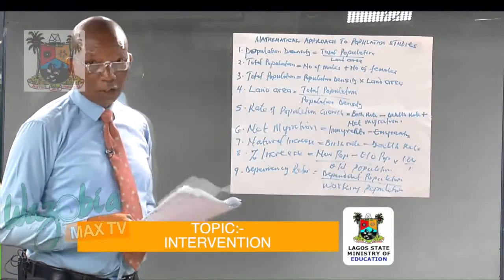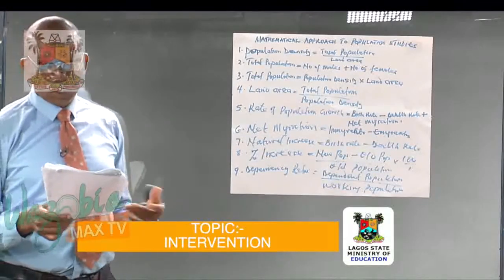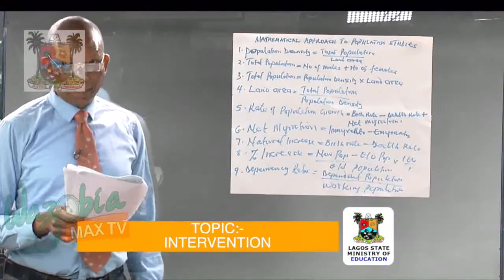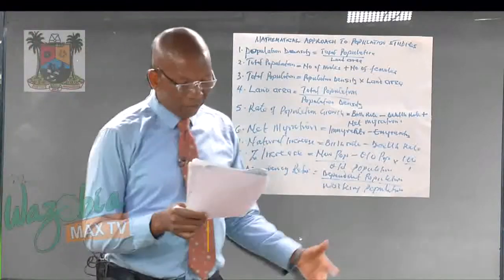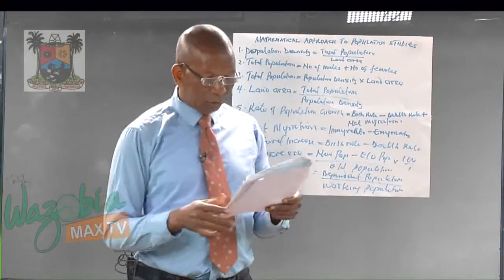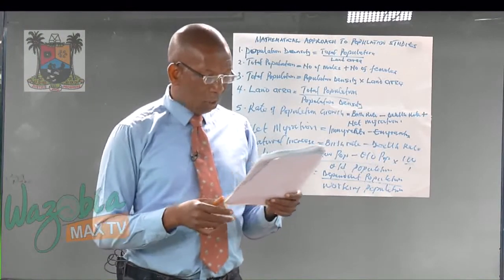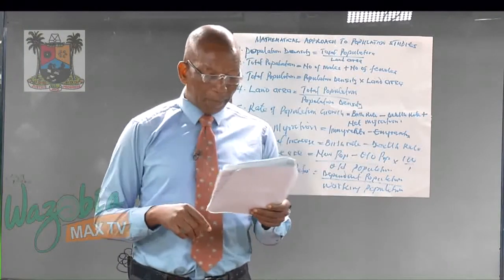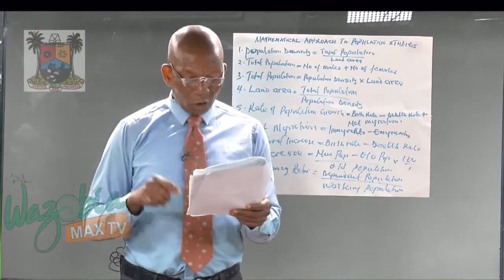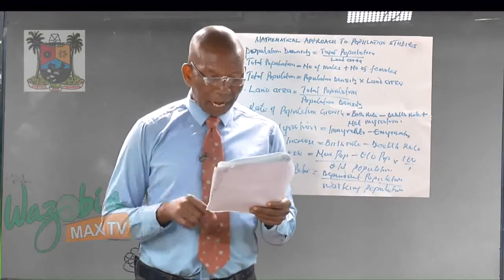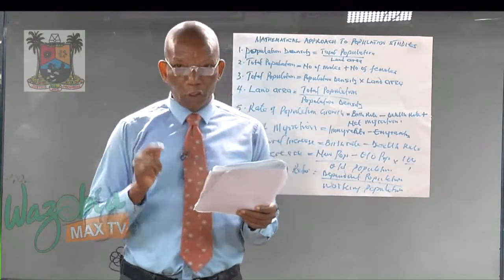From our past questions, we should be able to answer the following. What is population census? It's one of our WAEC past questions. And we also have the B aspect: describe the problems faced in conducting a national population census in your country.